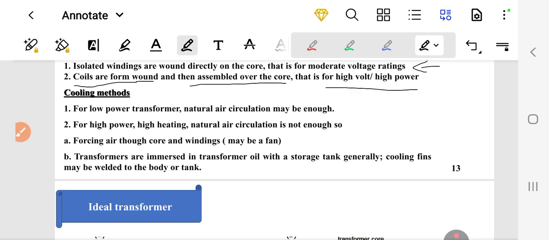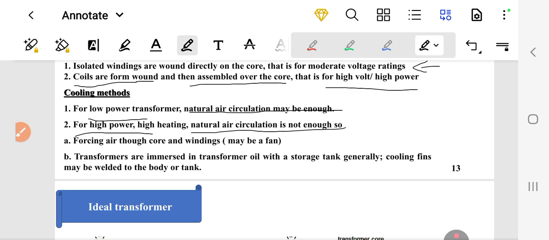Therefore, we need methods of cooling the transformer. For low power transformers, natural air circulation may be enough. We can use the circulation of air around the transformer to transfer the heat from the transformer body to the surrounding. For high power, high rating, natural air circulation is not enough.